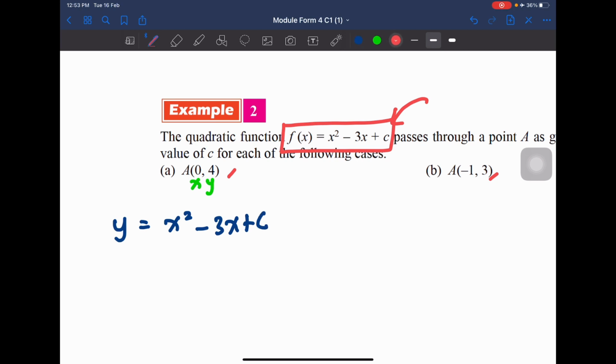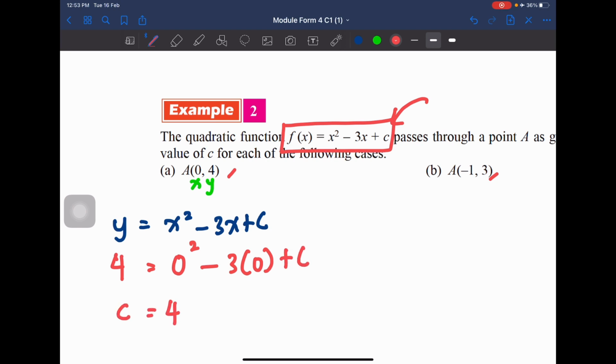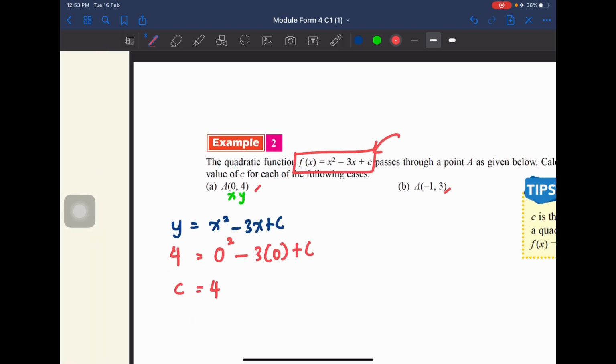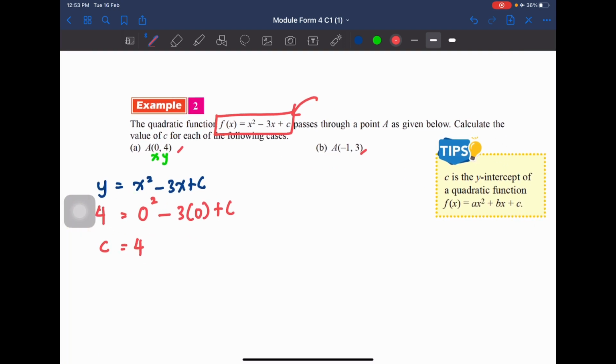So then kita substitute masuk y. What is the value of y? Y is 4 equals to 0 square minus 3 times 0 plus C. So C is equals to 4 for the first coordinate. Next, B, you have negative 1 and 3. So saya label x and y.